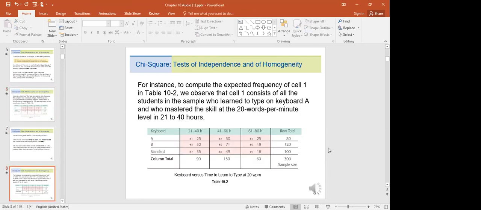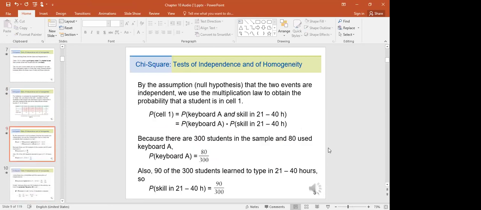So what we want to learn here first is how to determine the numbers that will be used in computing the test value.